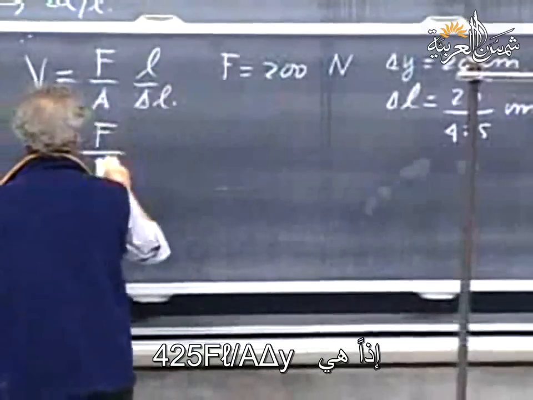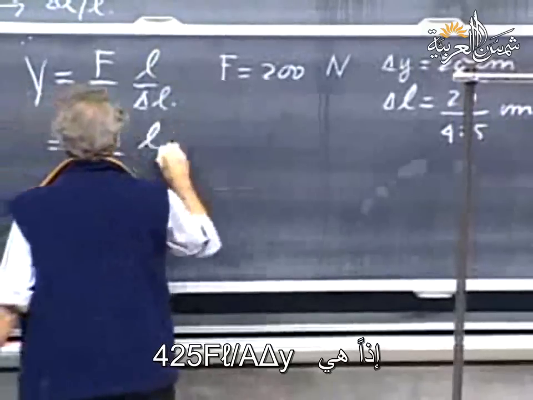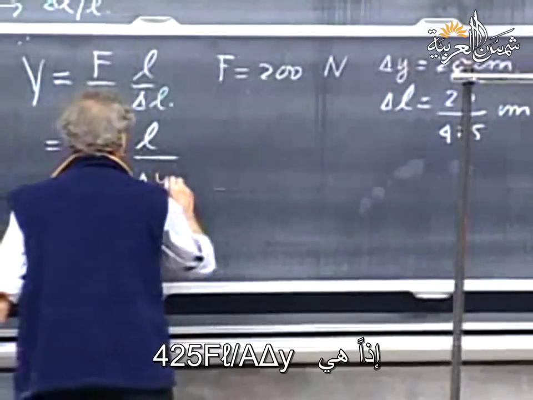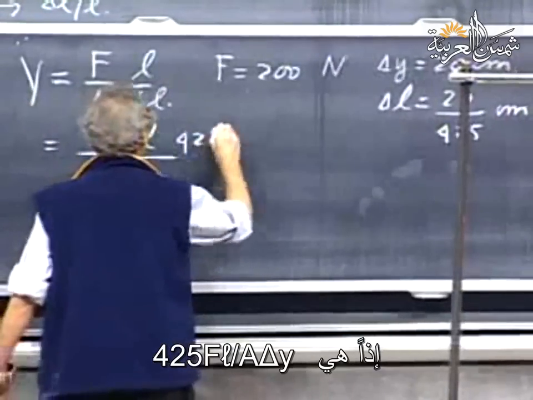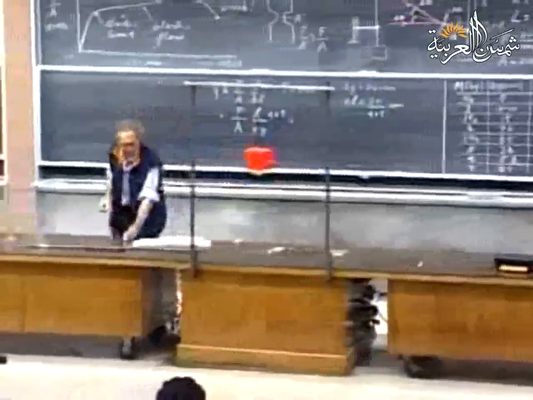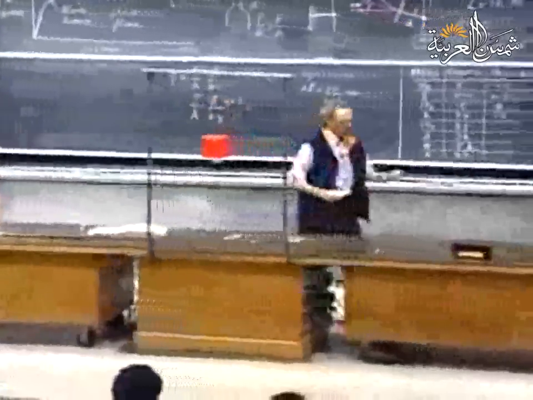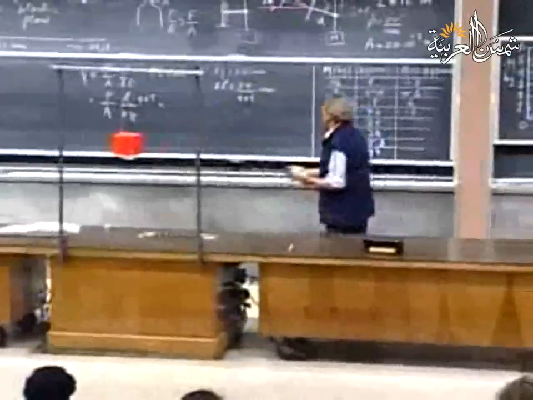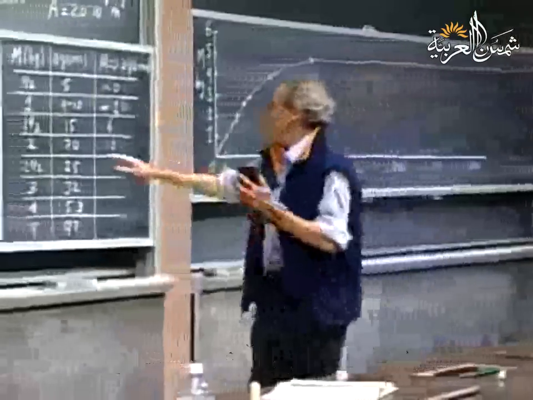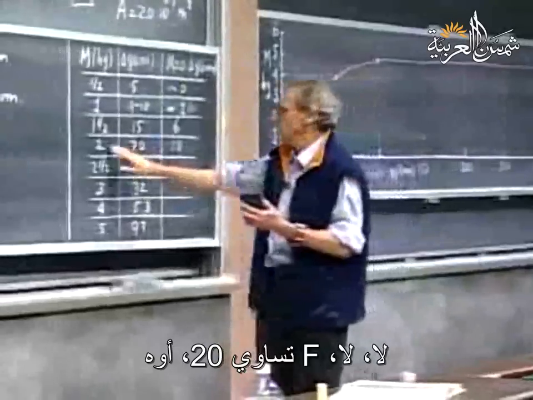So this is F divided by A, L, and then we have here delta Y times 425. And let's see what that is. So F is 200. That's right. No, F is 20.